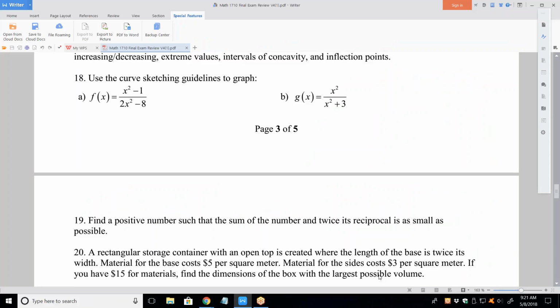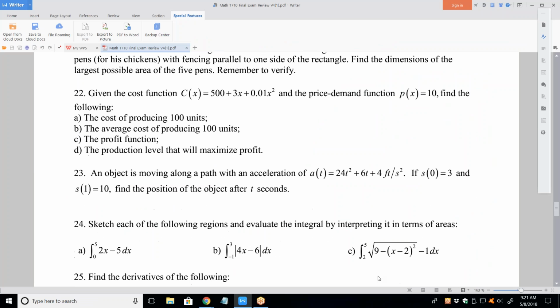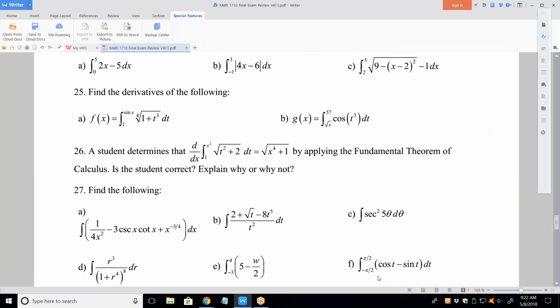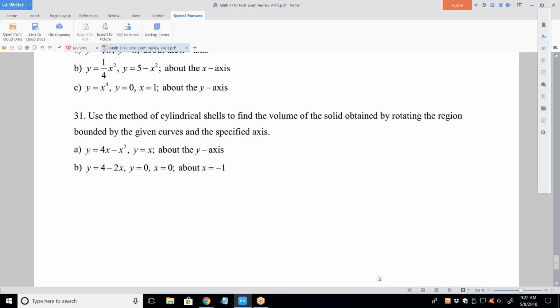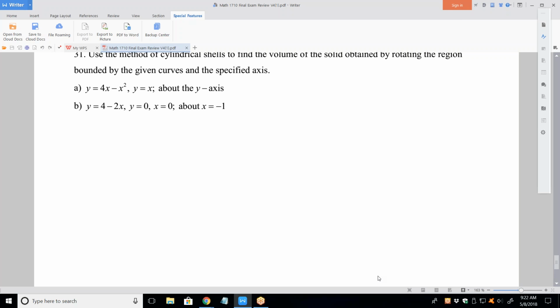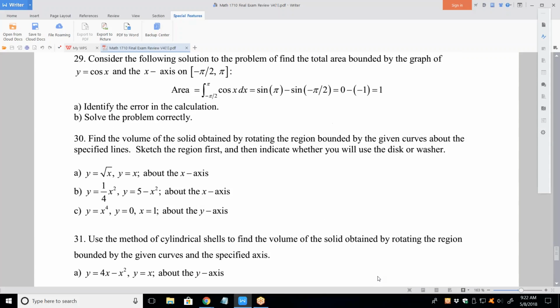All right, what else we got? Let me look. Oh, we got a lot of them. Wow, they go all the way to 31. Do you know how to do all of these objects of rotation? Where does that start? 29, I think.